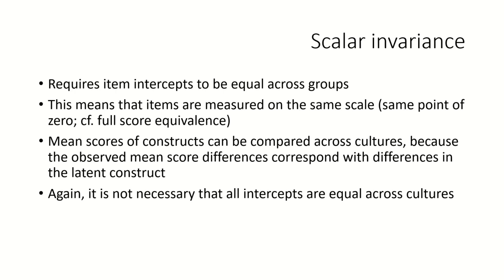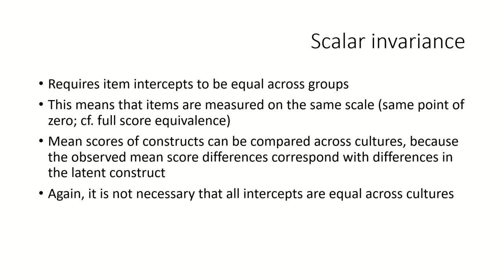The cool thing with scalar invariance, and that's why we are so keen to test it, is we can actually compare our constructs, our means, directly across groups. So hooray, that's where we want to end up. And spoiler alert, that's actually not what we often find, but we will get there. Again, we might be able to cheat a little bit. What happens if we don't find full scalar invariance?